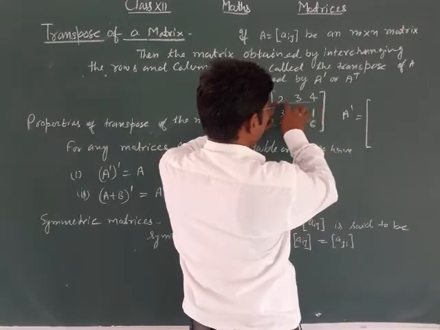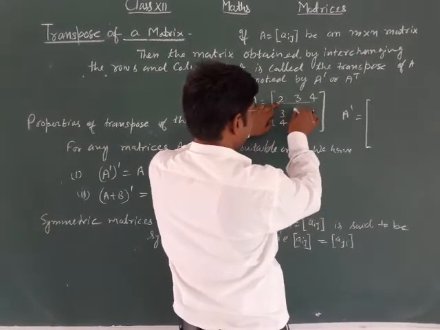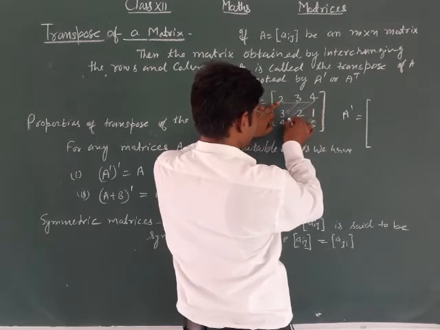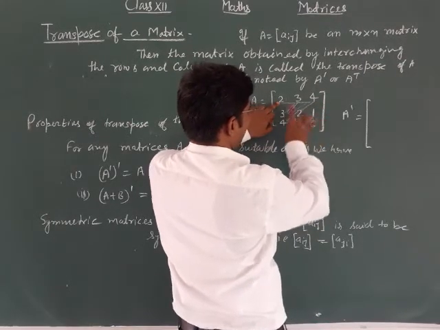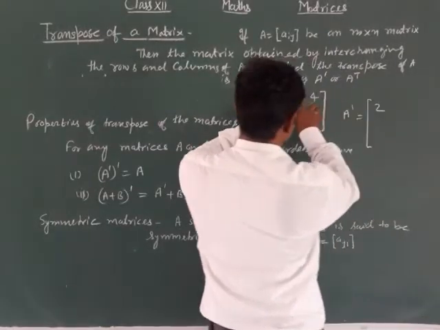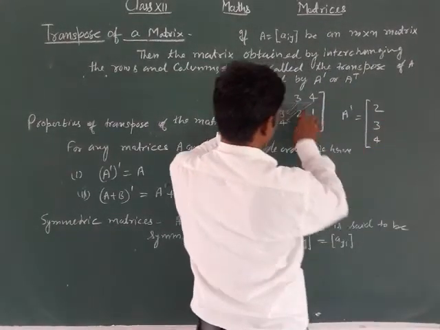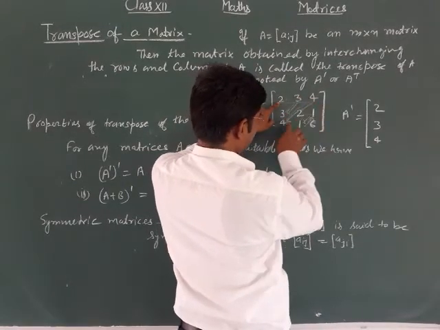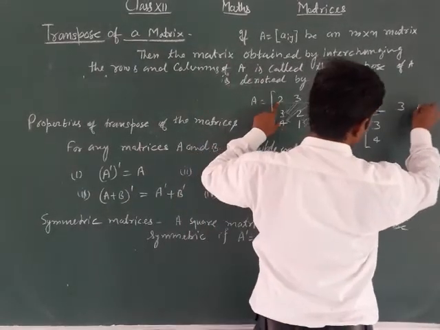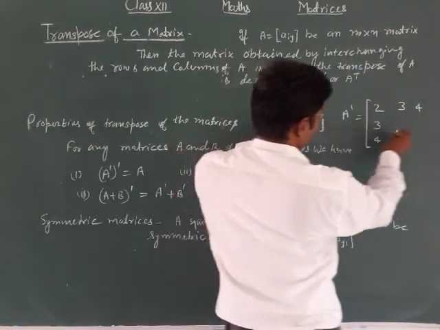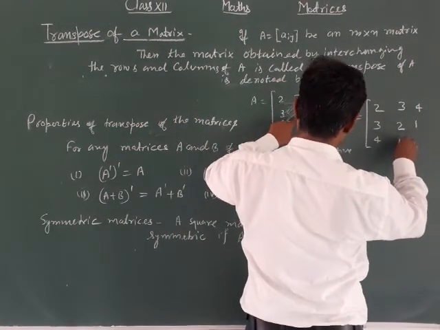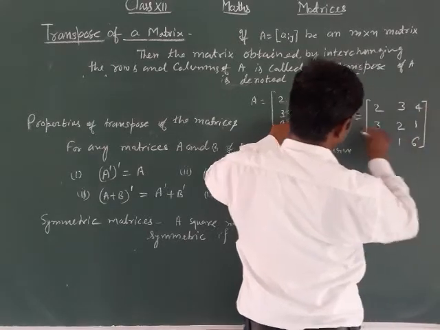Now 2, 3, 4 change places, and 3, 4 also change, reverse, and 1, 1 and 6. So this is A dash.